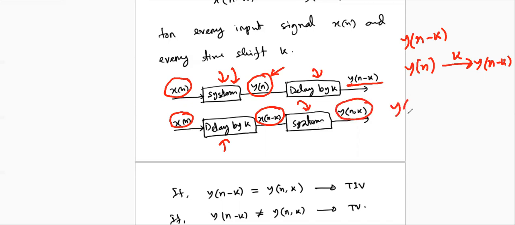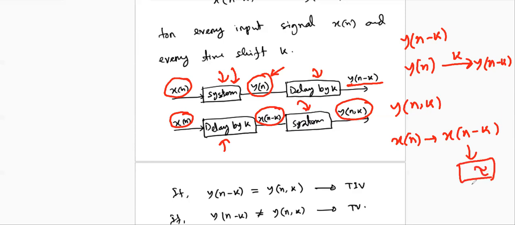So if I ask you what is y(n, k), your answer should be that we have input and then shifted it by n minus k samples and give it to the system. What is your output can be represented as y(n, k). So that is the difference between y(n, k) and y(n minus k).